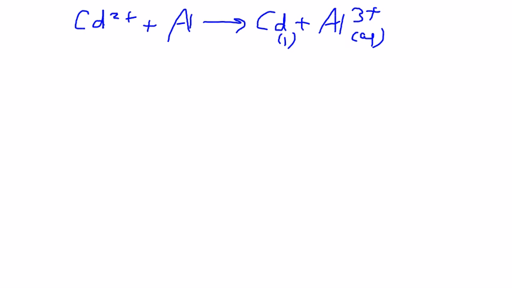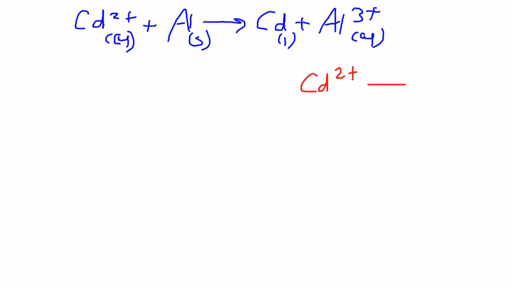Let's say I have cadmium 2+ and aluminum, Cd2+ becoming Cd, and Al becoming Al3+. This is aqueous, this is solid, this is solid, this is aqueous. So again, what you'll do is figure out your 2 equations.